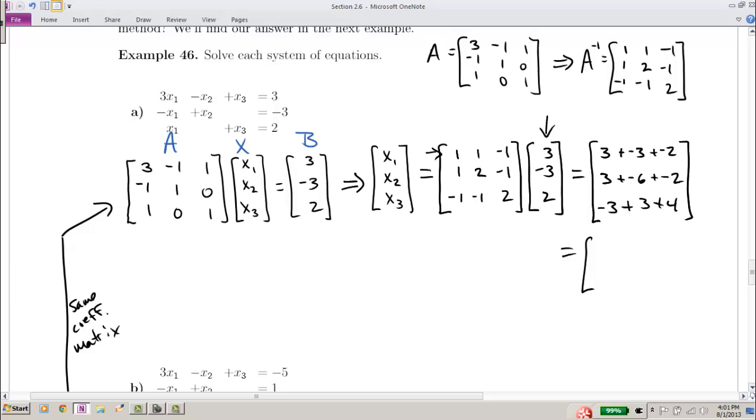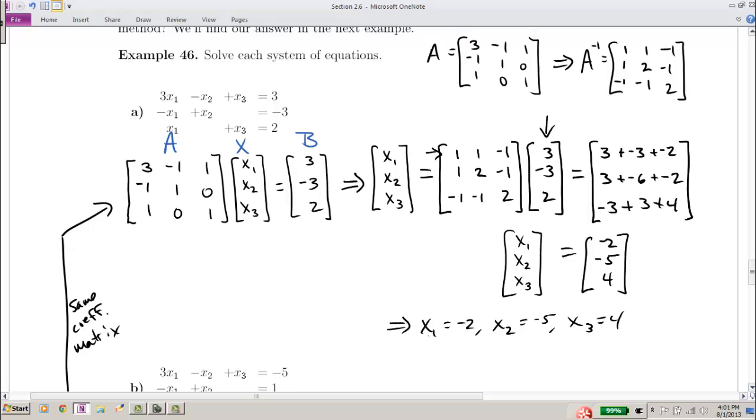And this gives us negative 2, negative 5, and positive 4. And so what this means, since this is our X matrix, this means that x1 is negative 2, x2 is negative 5, and x3 is equal to 4.